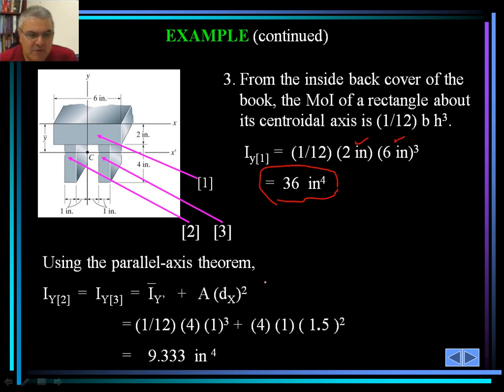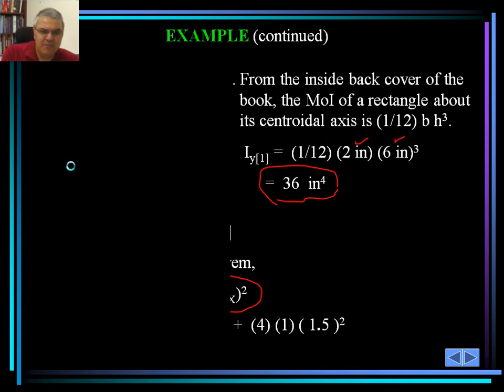It's symmetrical. So we take Iy prime and then we add a d sub x squared to that, and that is the distance between the new axis and the centroid of each of these little individual blocks.